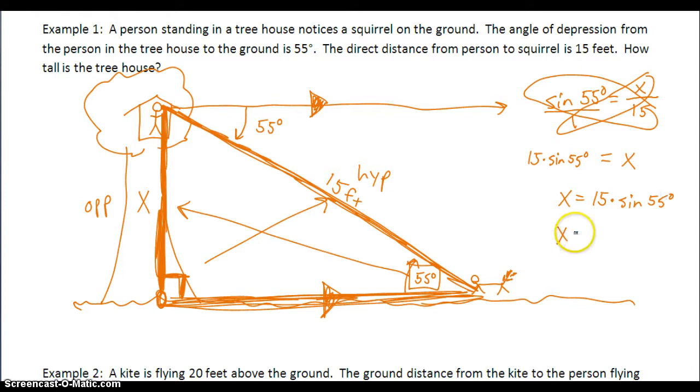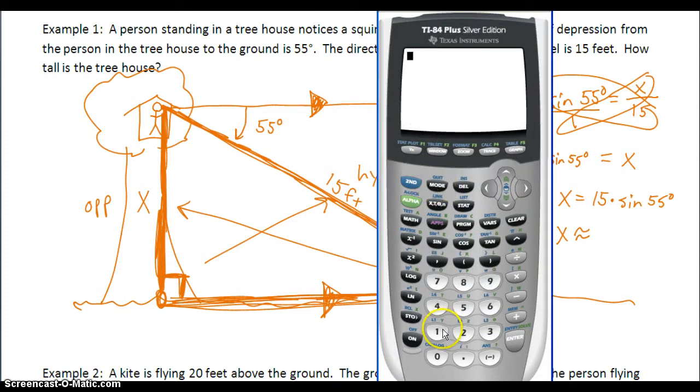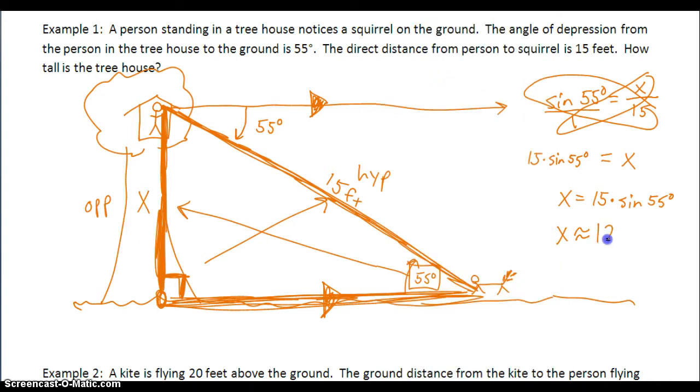And I can use my calculator to approximate that answer. 15 times the sine of 55 degrees is about 12.3 feet, which makes sense in a problem like this. If this distance is 15, it makes sense that the treehouse is about 12.3 feet above the ground.